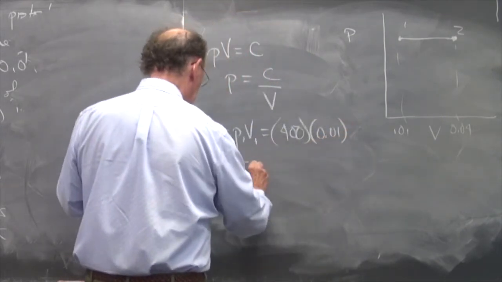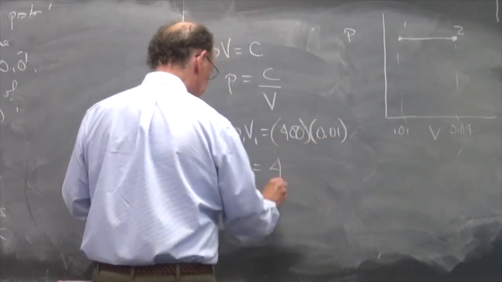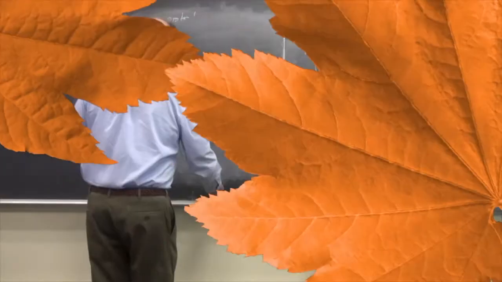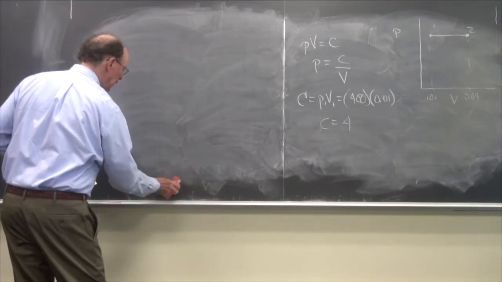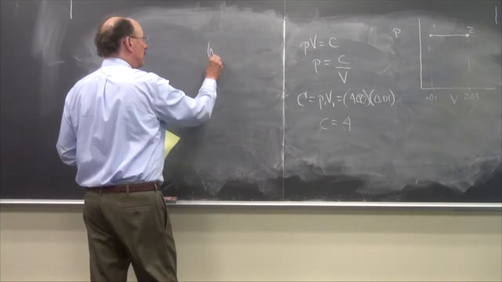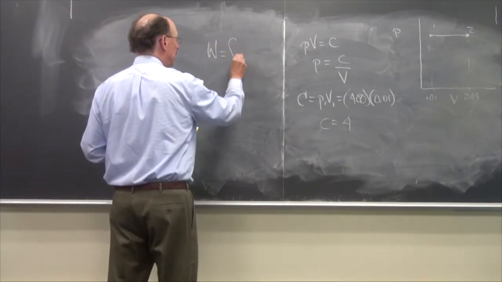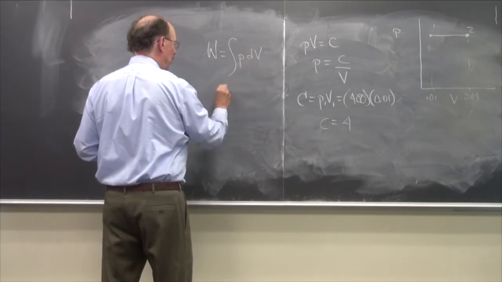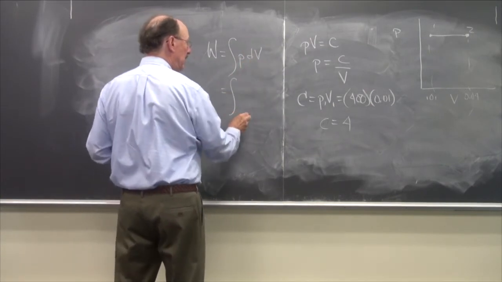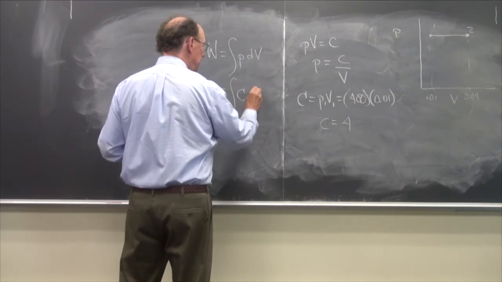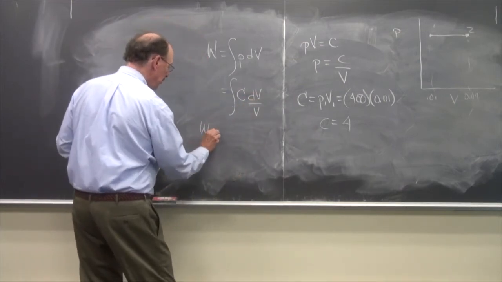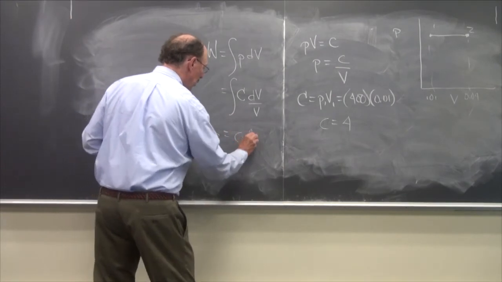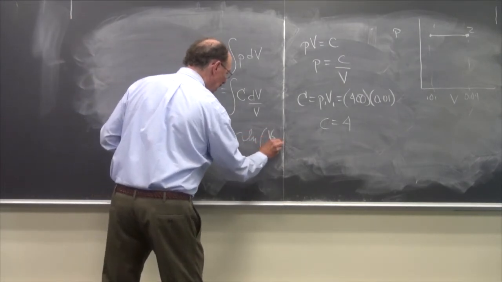So C is equal to 4. So now when I integrate this function, I have that the work is equal to the integral of P dV. So the work is equal to the integral of C dV over V, or the work from 1 to 2 is equal to C times the log of V2 over V1.